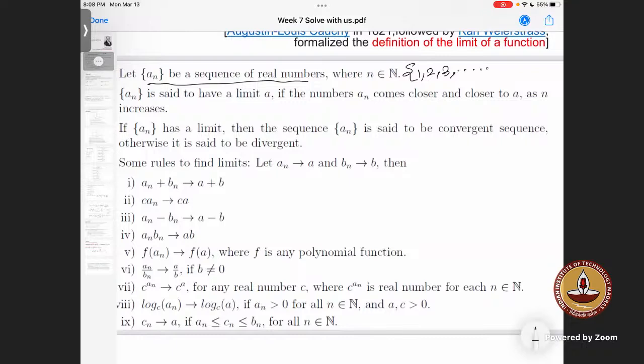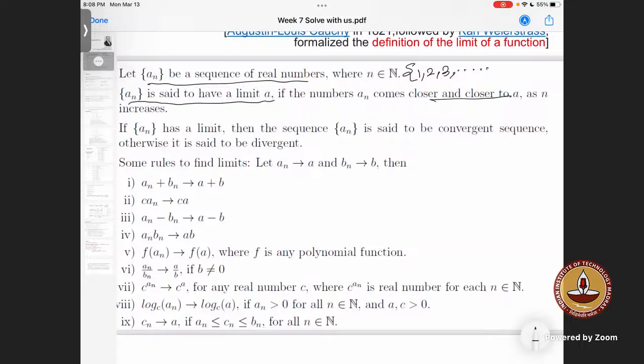So we say this sequence is said to have a limit A if the terms an come closer and closer to A. That means as you increase the value of n, as you approach infinity, you are moving closer to some number A. Is this point clear to everyone?